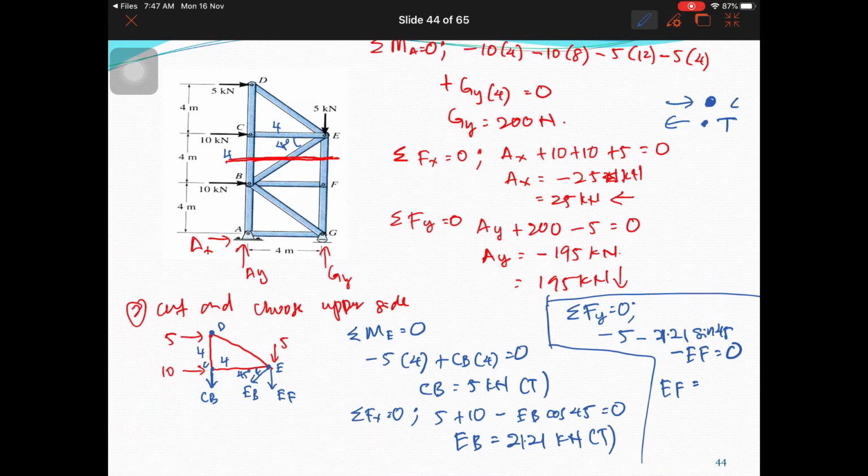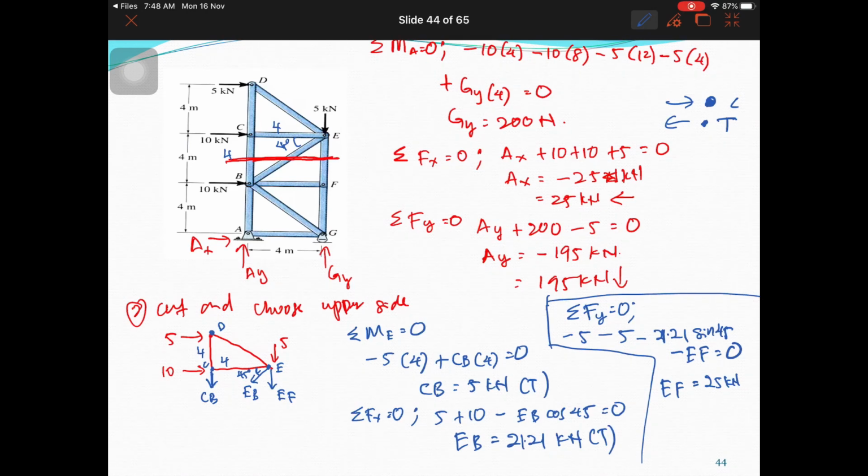Sorry, I left out CB here. CB is 5 also, so minus 5. So you have 5, and you have CB, and then you have EB sin 45. So minus 10 plus 21.21 sin 45, minus 10 minus 21.21 sin 45, you are left with 25 kilonewton.